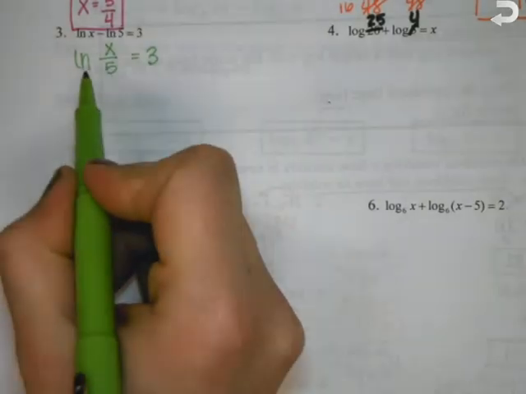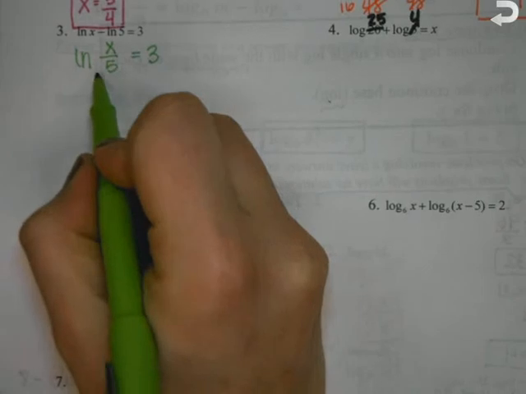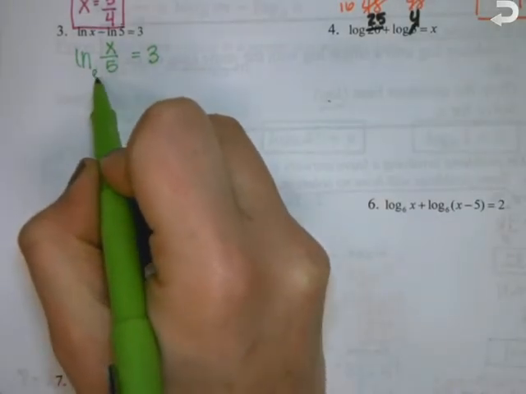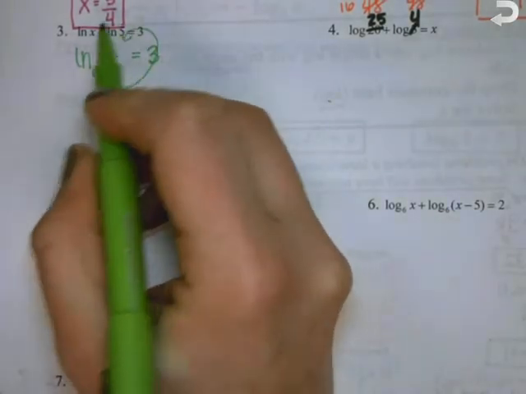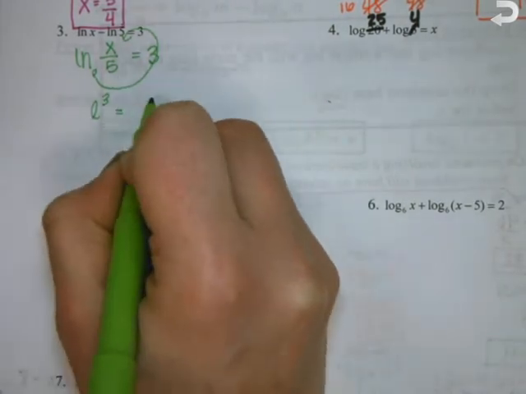So, now what? Well, we still have natural log in there. So we need to go up and around again. So what is my base in a natural log? Not e, right? So I go up and around. So this is e to the 3rd power equals x over 5.